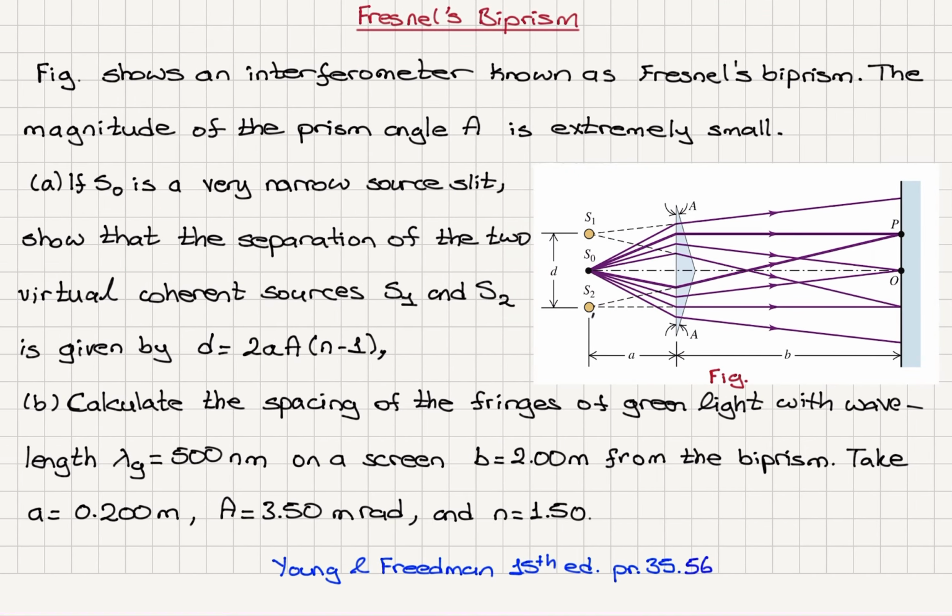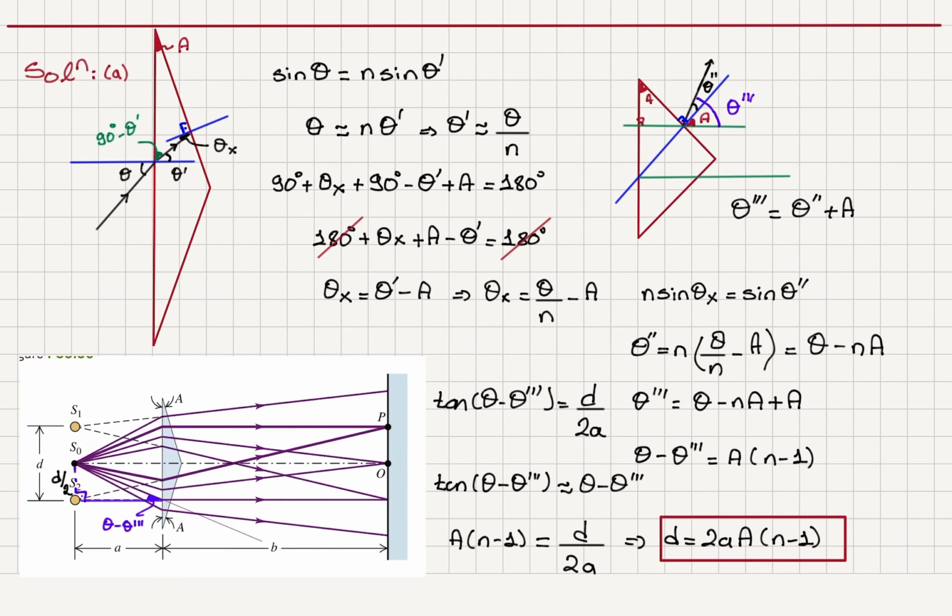So I have shown that the separation of the two virtual coherent sources S1 and S2 is d, given by 2a capital A times n minus 1.